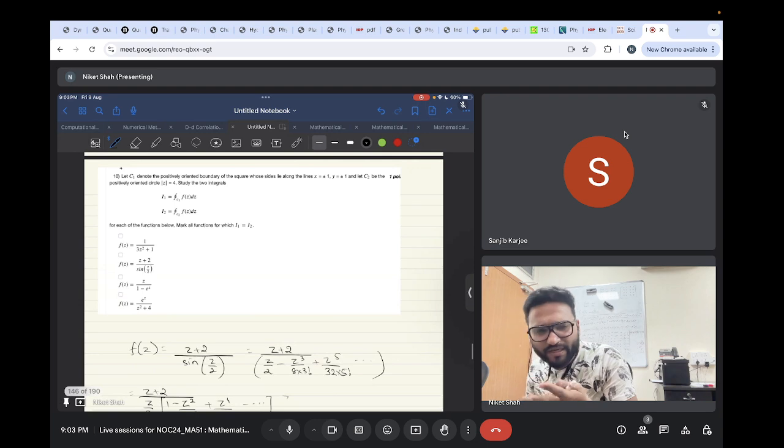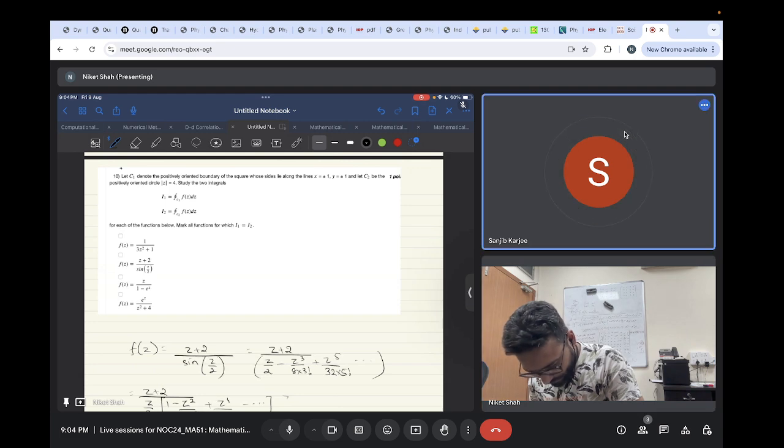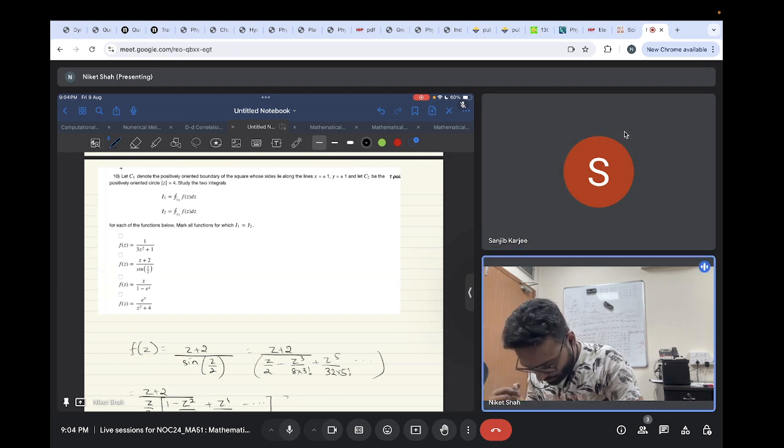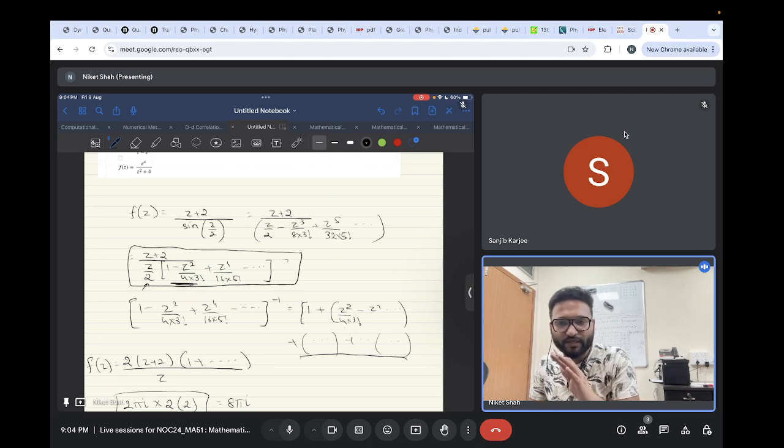Okay. So similarly, other parts also you can do. Let me think. Is that the case though? Yeah. When we wrote it in this form, we want to write it near the origin only. For every other point, we know that f of z is analytic because sine z by 2 is not giving you 0.